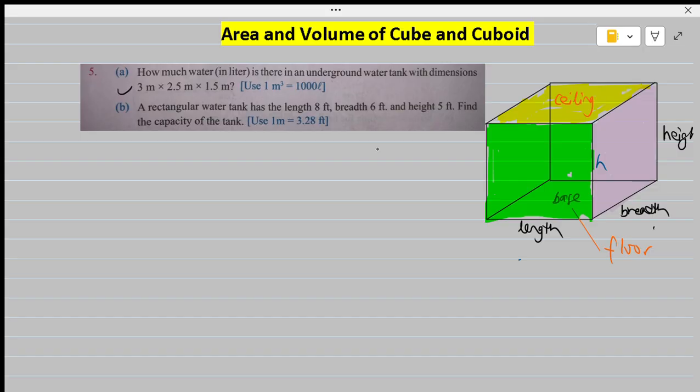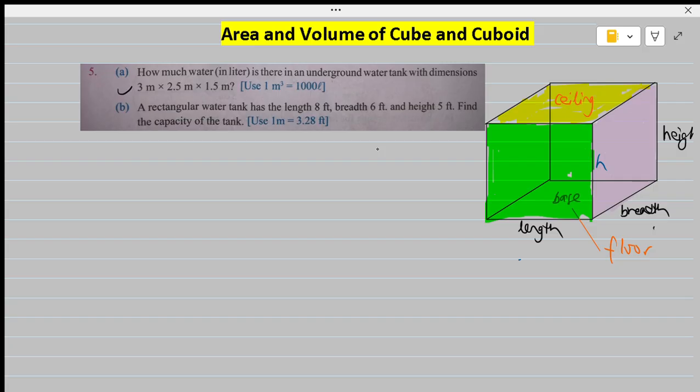How much water in liter is there in an underground water tank with dimensions, length, breadth and height serially: 3 meter, 2.5 meter and 1.5 meter. And here it says use 1 meter cube is equal to 1000 liter. We need to know it: 1 meter cube of space can hold 1000 liter of water. So by using this we have to identify how many liters this tank could hold.